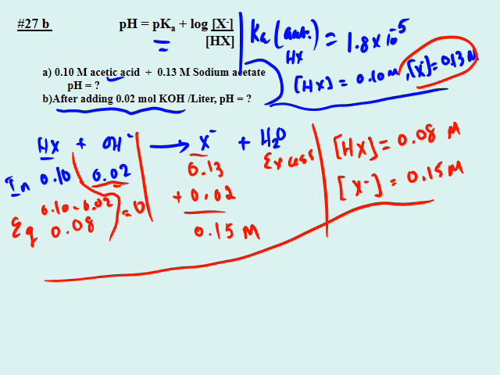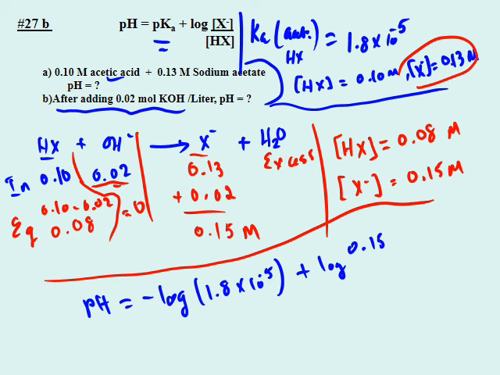So let's now write down the pH expression. pH equals minus log of Ka, and we know the Ka value, 1.8 times 10 to the negative 5, the Ka value for acetic acid, HX, plus log of conjugate base over conjugate acid, which is 0.15 molar over 0.08.